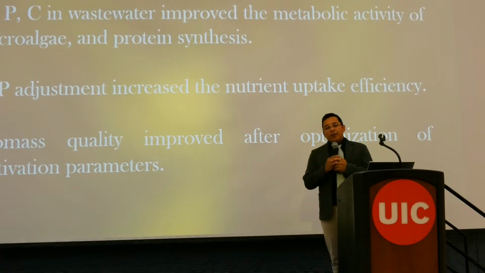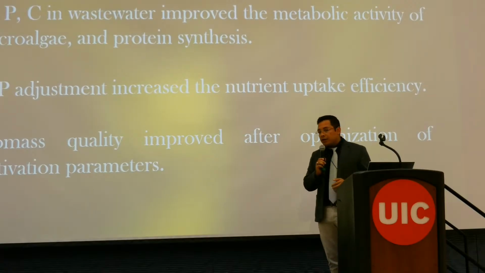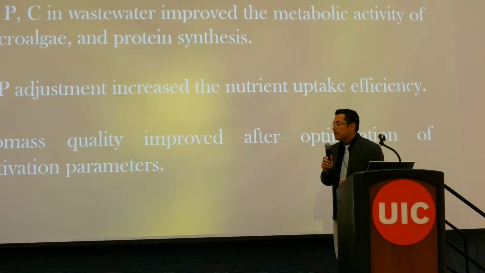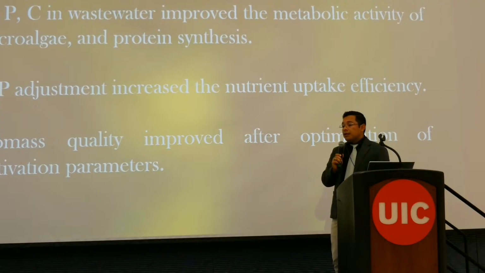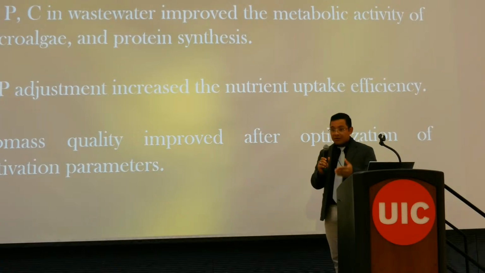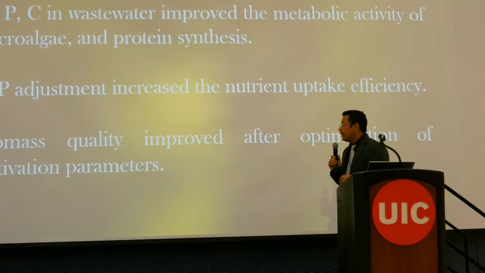So when we didn't do any adjustment, we saw that after 14 days of cultivation, we were still getting some nutrients in the wastewater. So by adjusting the ratio between nitrogen to phosphorus, we were able to uptake most of those nutrients, as I just showed you.